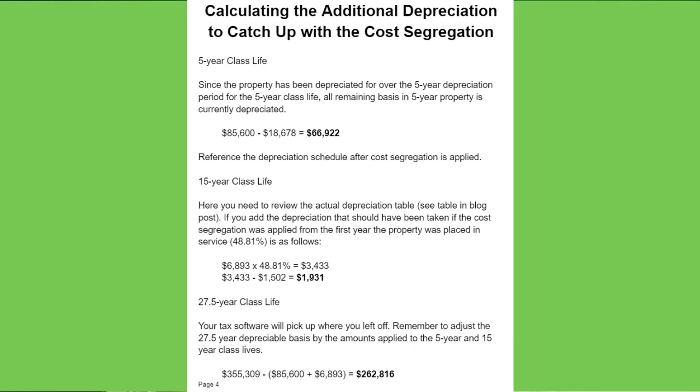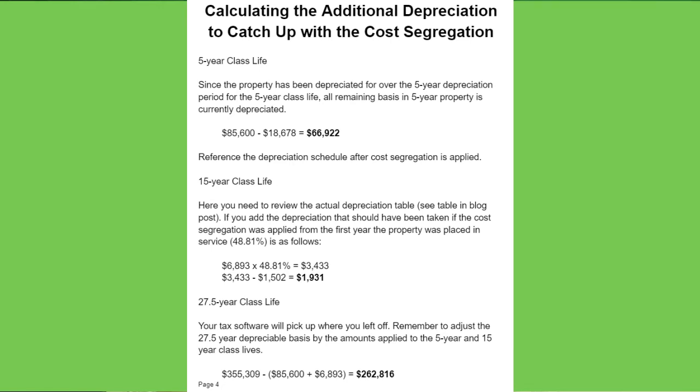The last step is calculating the additional depreciation to catch up with the cost segregation. Since the 5-year class life has already been completely used up, that means that any remaining basis in the 5-year class life property is now going to be deducted in full because you filed the 3115 on the current tax return.